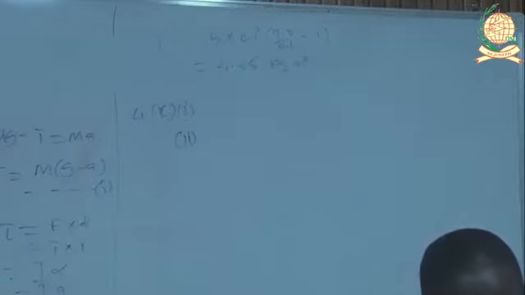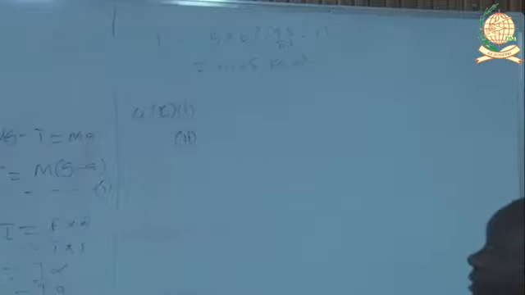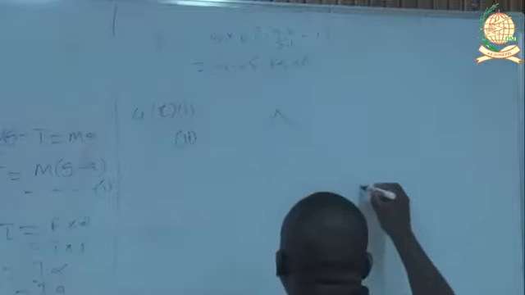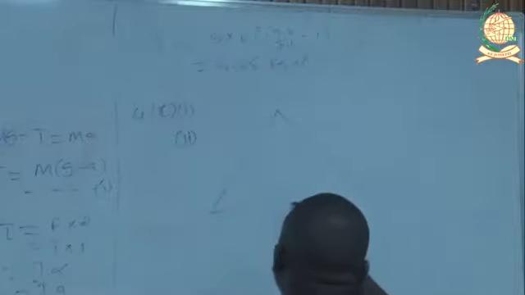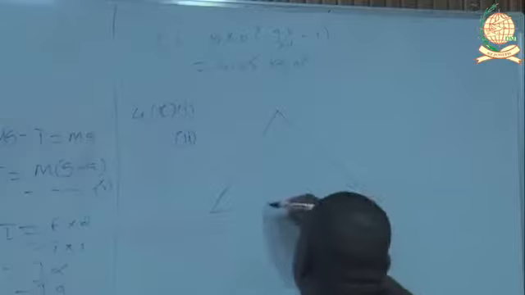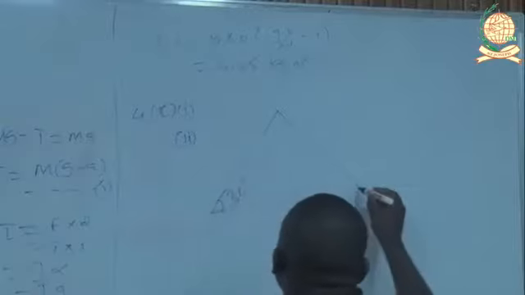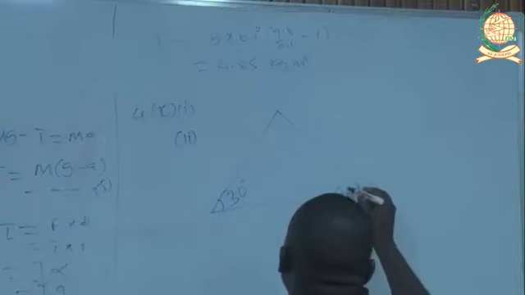Roman 2, we have been given the plane, one with angle 30 degrees, the other one with 45.